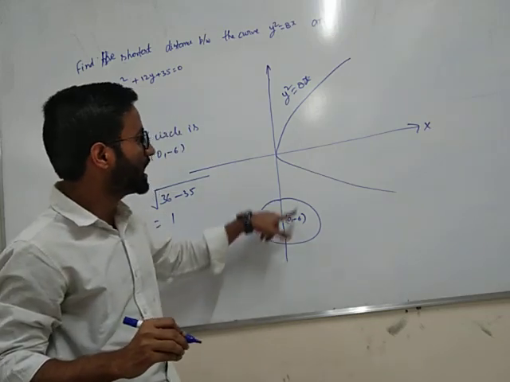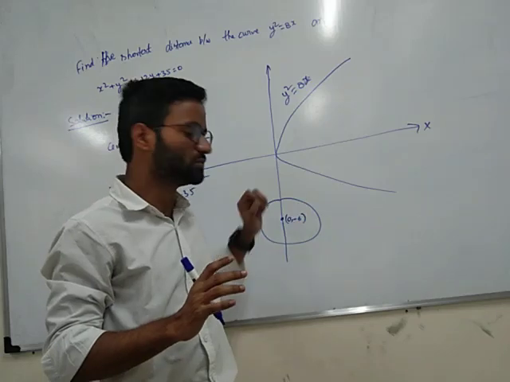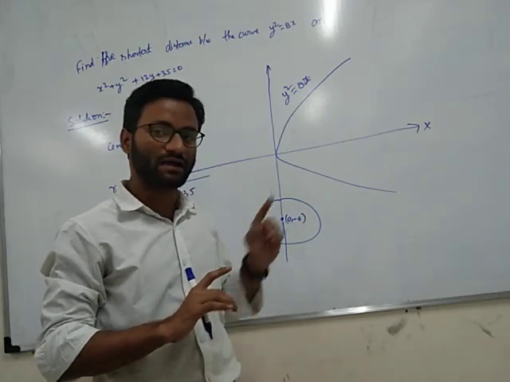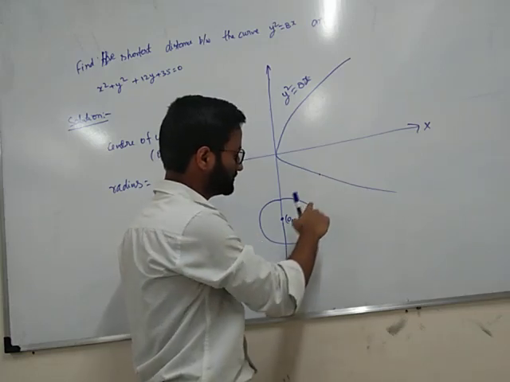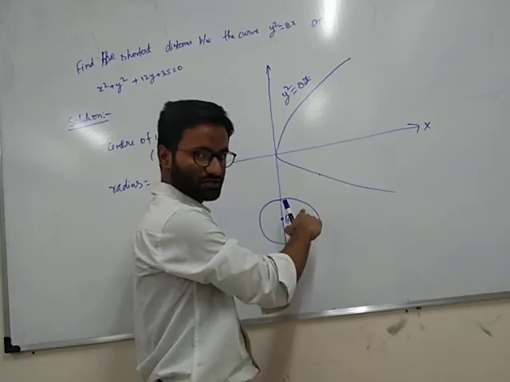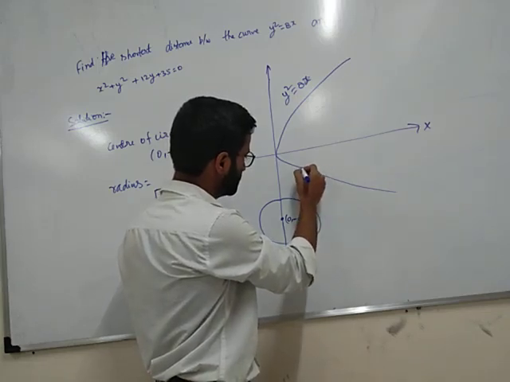So this is the circle and this is the parabola, and we have to find the shortest distance between the circle and the parabola. Suppose I take one point P, which is closest to the circle.